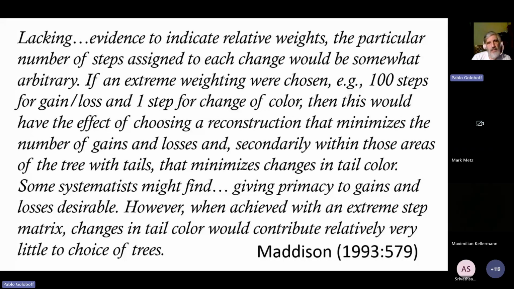Some systematists might find giving primacy to gains and losses desirable. However, when achieved with an extreme step matrix, changes in tail color then would contribute relatively very little to choice of trees.